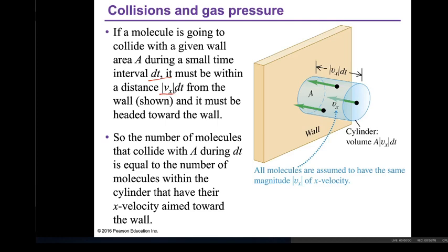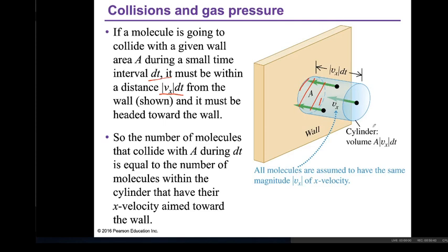So it should be less than this distance. The number of molecules that collide with the area A during time dt is equal to the number of molecules within the cylinder that have their x velocity aimed towards the wall.